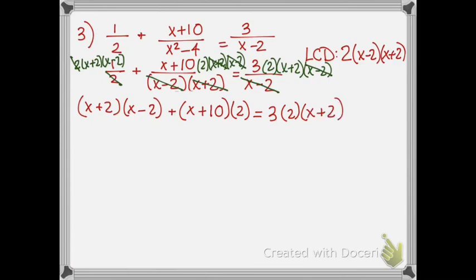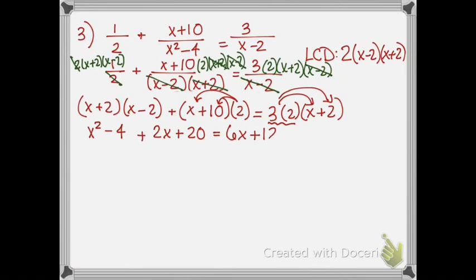Okay, we're going to FOIL, we're going to distribute, we're going to see if we can get this in standard form. So let's have at it. Let's FOIL this out. Well, that's just going to be a difference of 2 squares. Here, let's distribute the 2. And then on the right, we're going to have a 6 here. Let's distribute that 6. So that's going to give us 6x plus 12.